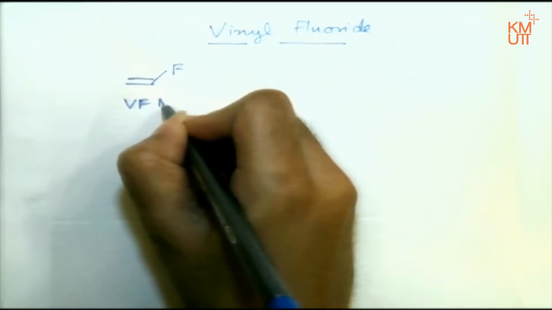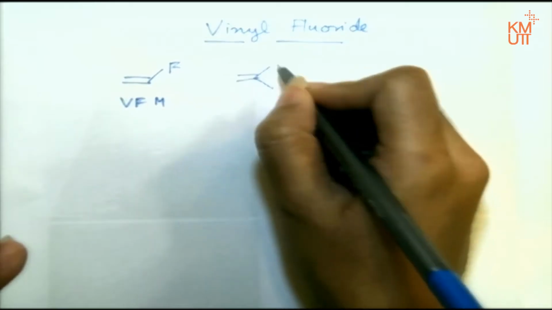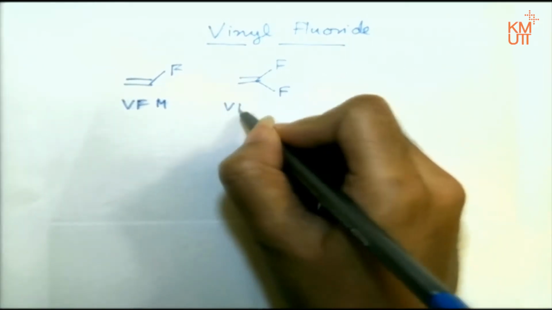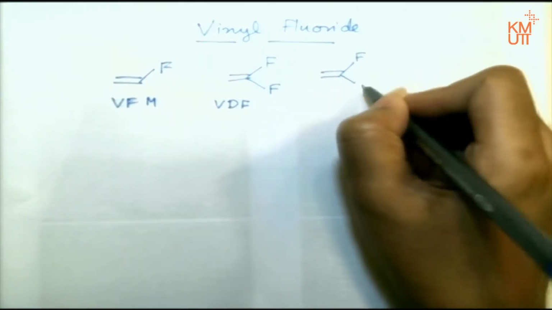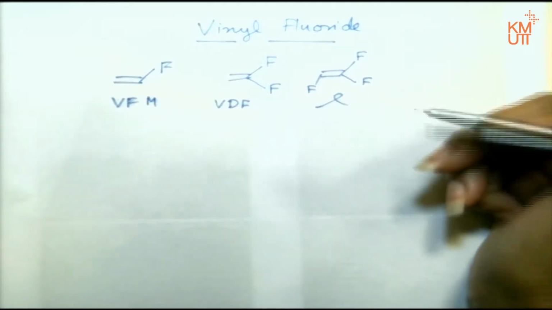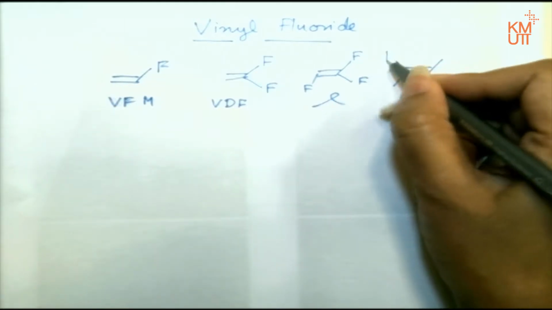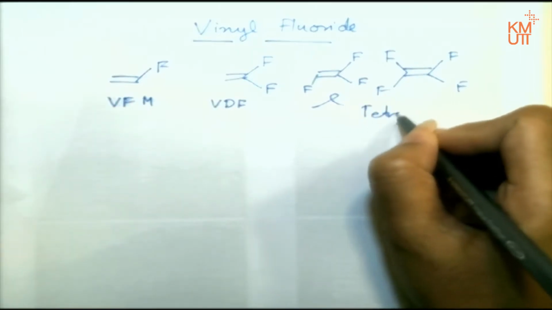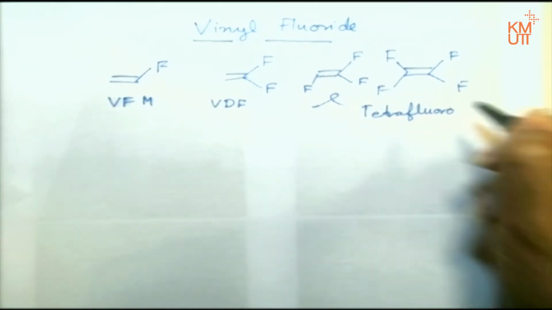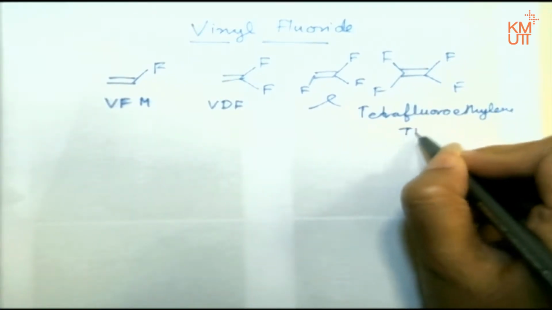This is VFM, or vinyl fluoride monomer. The second one contains 2 fluorines. This is VDF, vinylidene fluoride. Of course, we also have 3 fluorines, but I will not talk about this one because it's not very important. I will talk about this one, tetrafluoroethylene, TFE.